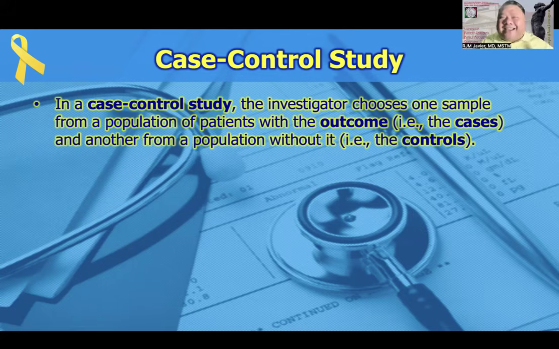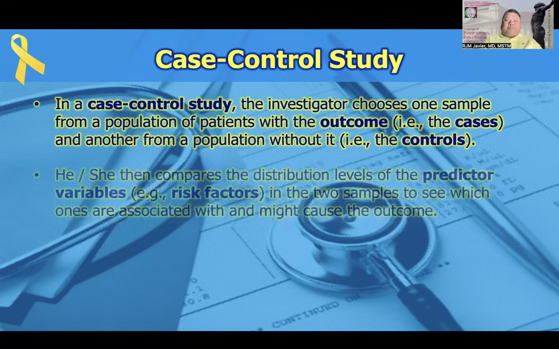I stand to correct myself. So when you have the disease or you are sick, you will be referred to as the cases. On the other hand, recruiting from a different population, we look for individuals who do not possess the disease, and therefore they are called the control.